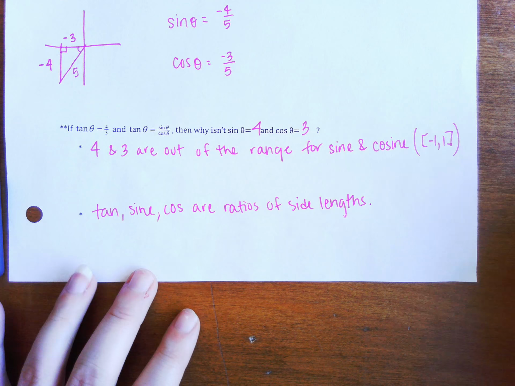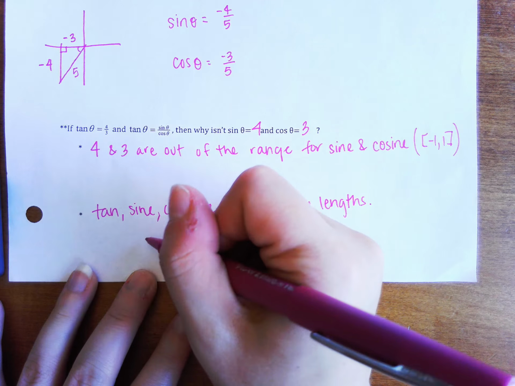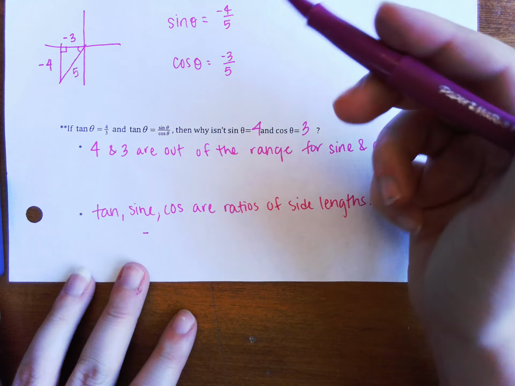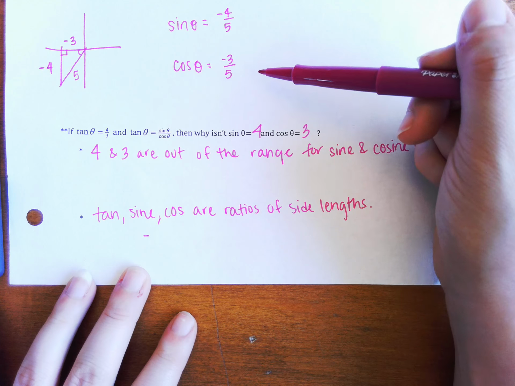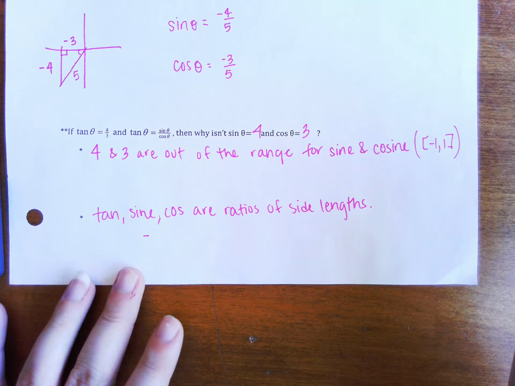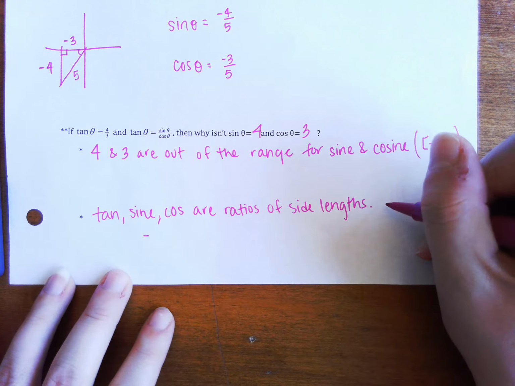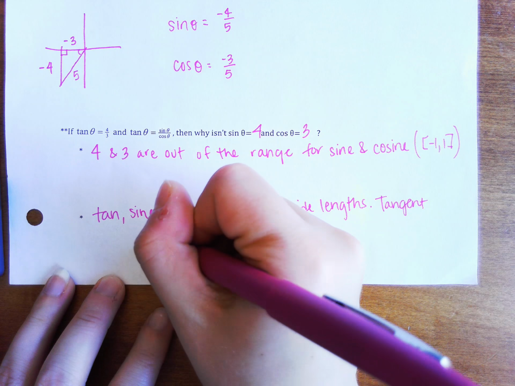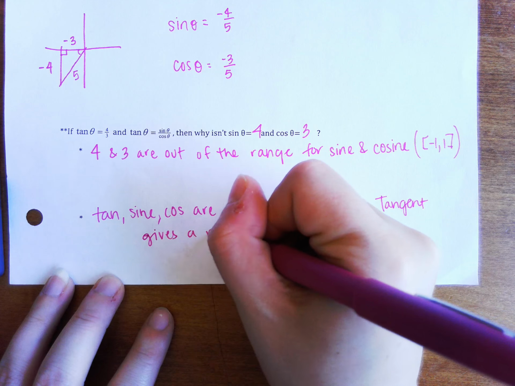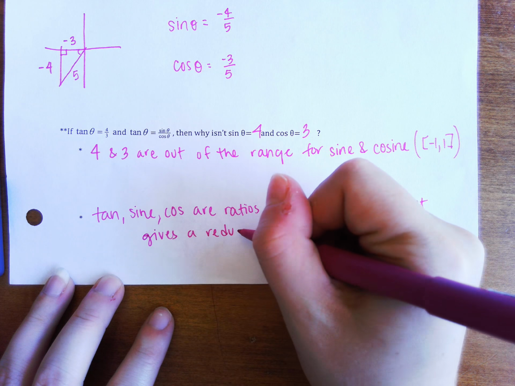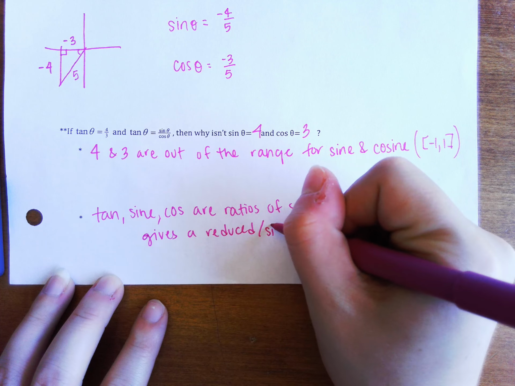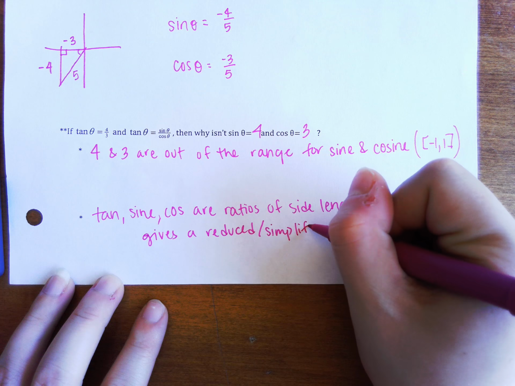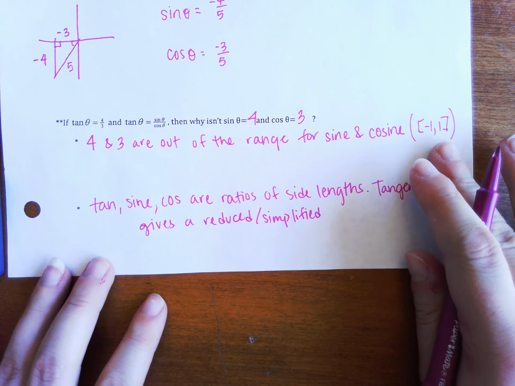And if we actually did plug in our values here, if we took the ratio of those two things, what would happen is that tangent would be a reduced version. So tangent gives a reduced, or simplified, ratio.